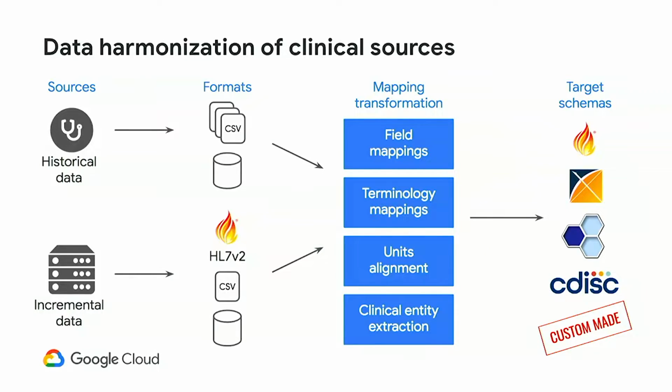And what we need to do in order to harmonize this data is think about 4 key aspects. Harmonizing the field mappings, so understanding the source schemas that you're coming from, multiple schemas, what your target schema is within your cloud CDW, and I'll talk a little bit about that in a minute.